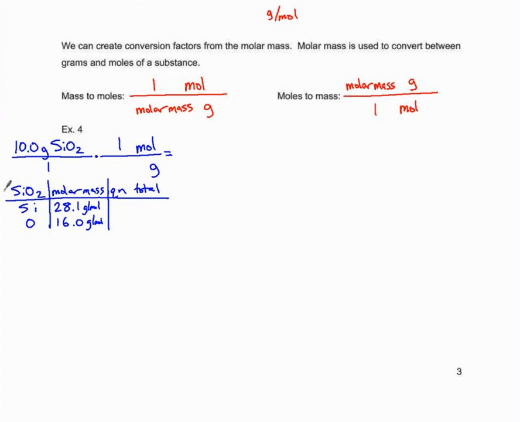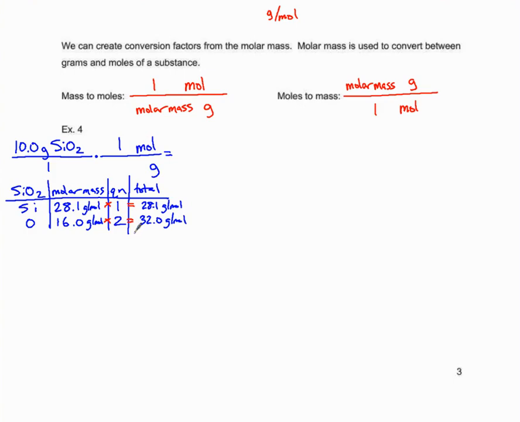So the chemical formula here tells us that we have 1 silicon and 2 oxygens, and then we can make the total. So remember what we're doing here. We are multiplying the molar mass times how many of each atom. So 28.1 times 1 is 28.1. 16.0 times 2 is 32.0.